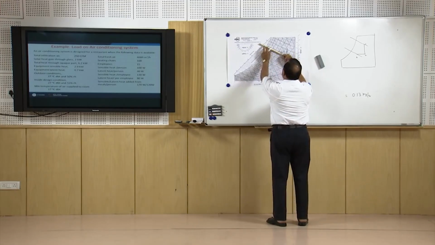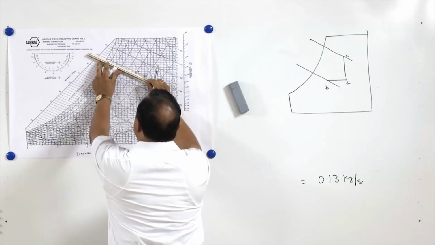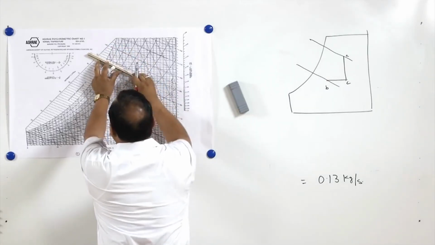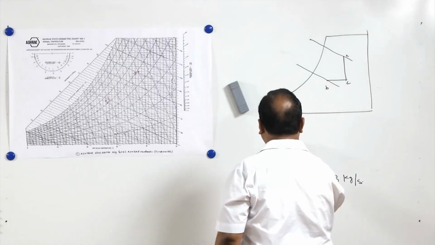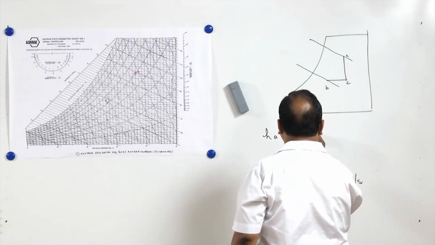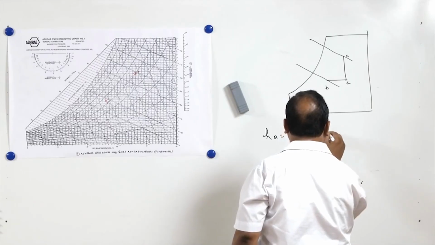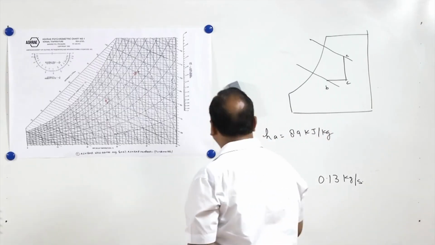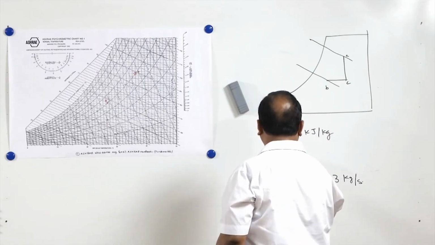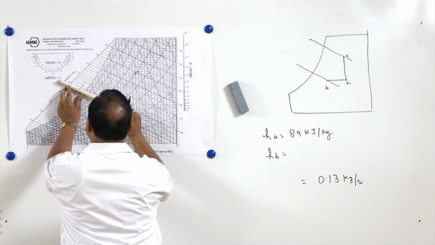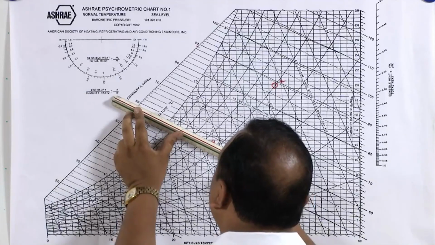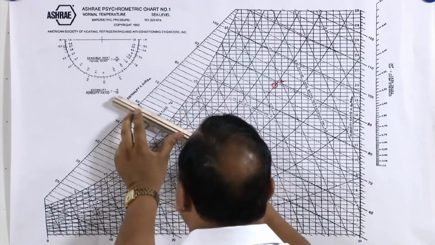So let us try to find the enthalpy at A. Enthalpy at A is this one, 89 kilojoules per kg of air. Now HB is this one, 59.